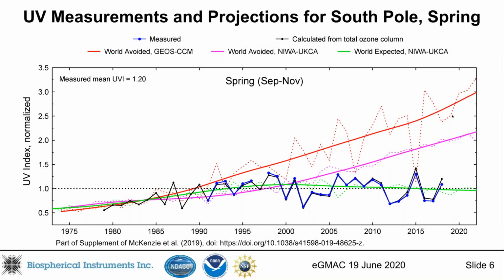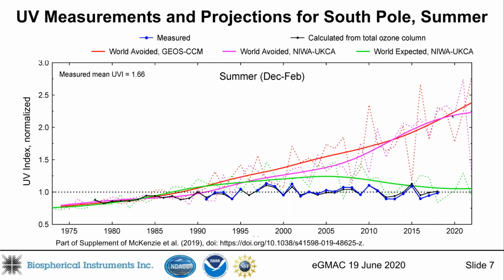In red and magenta are the world avoided simulations, which show large increases of about a factor of 3. There are differences between these two simulations, which are based on different CCM models, but the slope from 1996 onwards is pretty comparable. The next slide shows a similar comparison for summer. Here you see that the two world avoided simulations agree better.